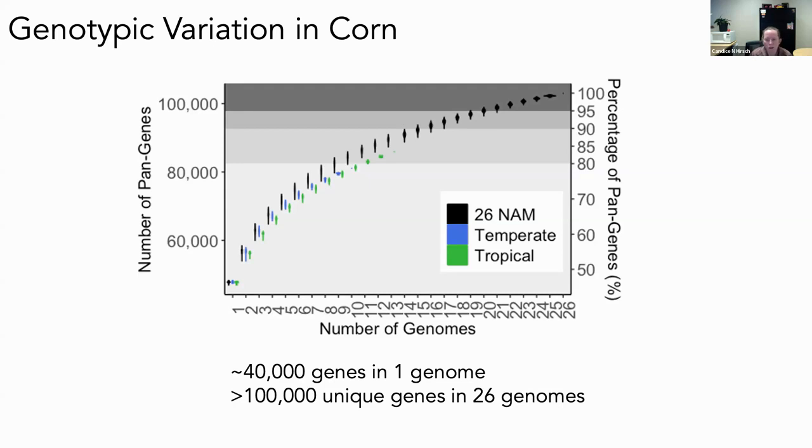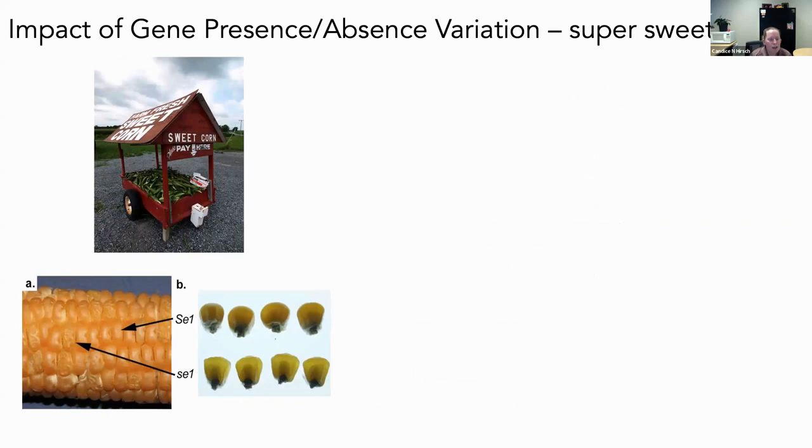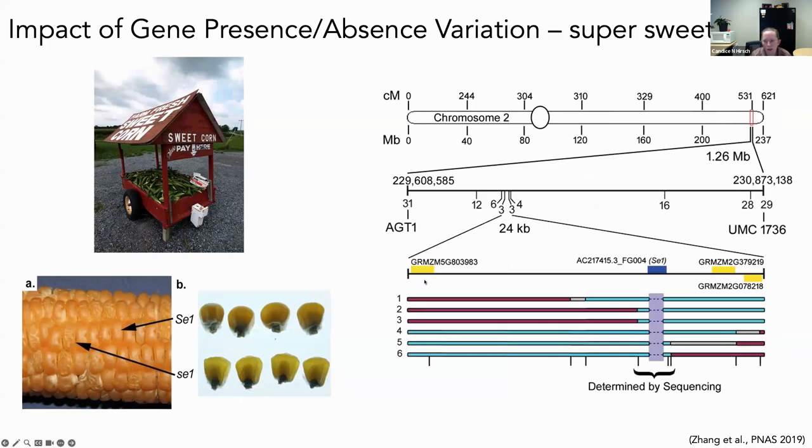And so this has major phenotypic consequences. I'm going to show my favorite example of this here. This is the sugar enhancer story. If you really like fresh market sweet corn and that super sweet flavor, what we've shown is that the cause of that super sweet flavor is the deletion of a gene.